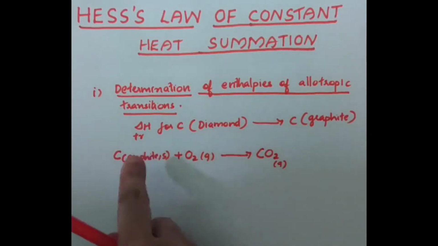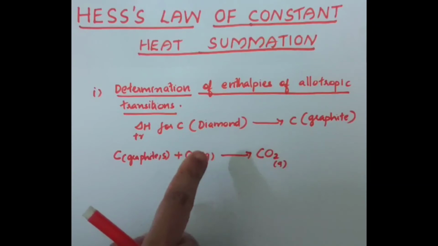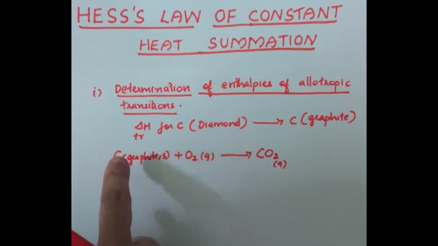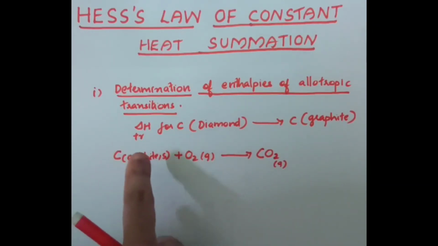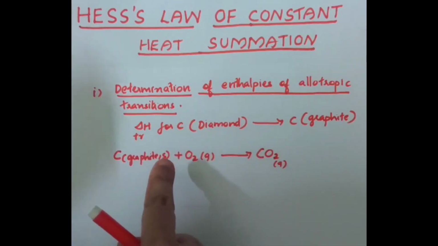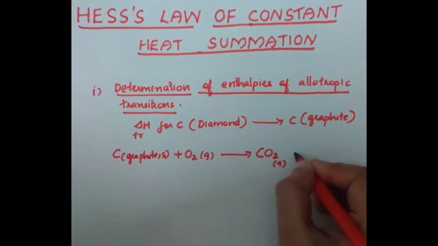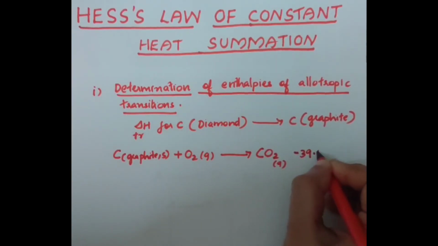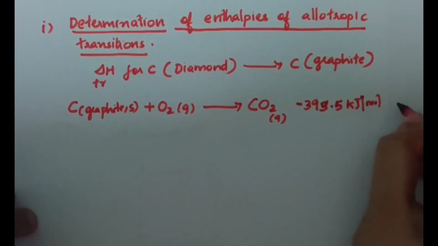The enthalpy of this reaction, that is combustion of carbon, the enthalpy of combustion of graphite, is negative 393.5 kilojoule per mole. You can write this as equation number 1.